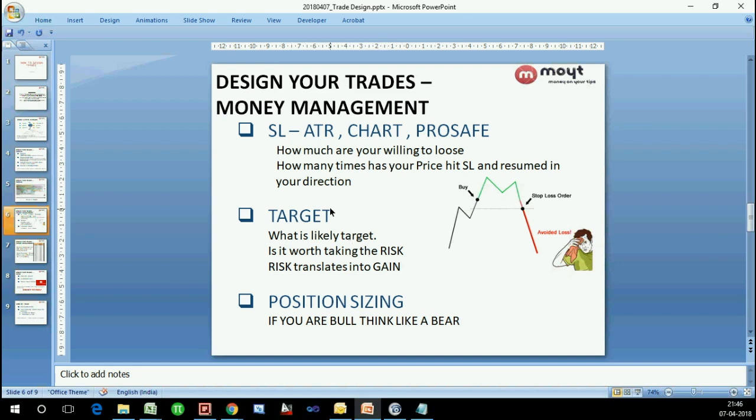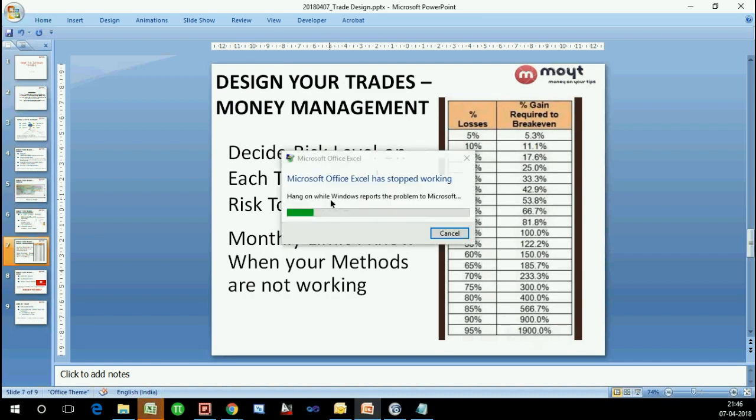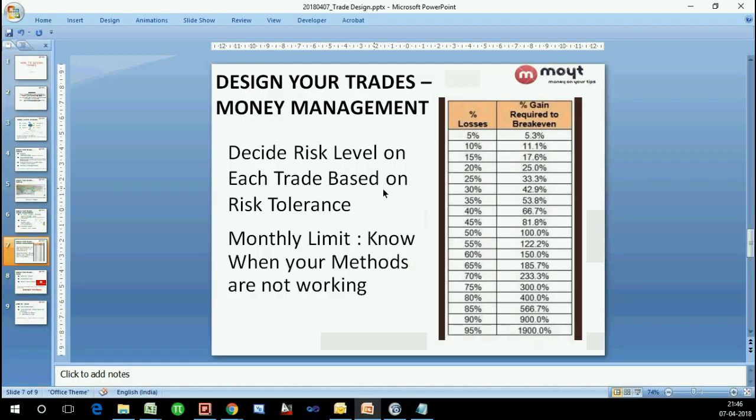Okay, so this is money management, and more important is we need to decide the risk level which we are ready to take, based on our risk tolerance. If I lose 5,000 in a day, am I okay at the end of it, or am I worried or do I feel sad?